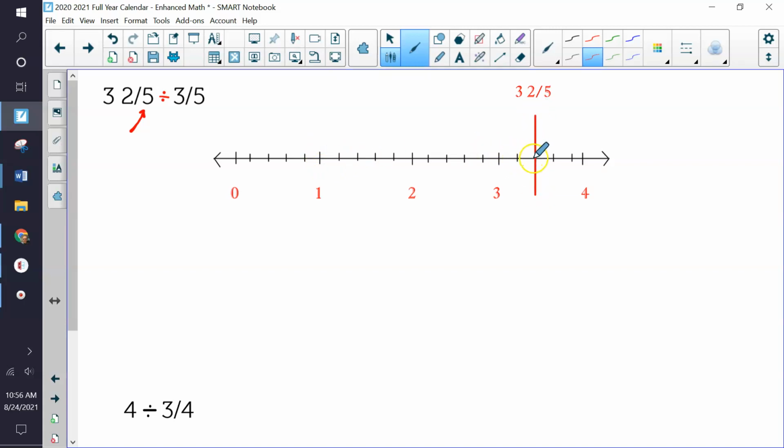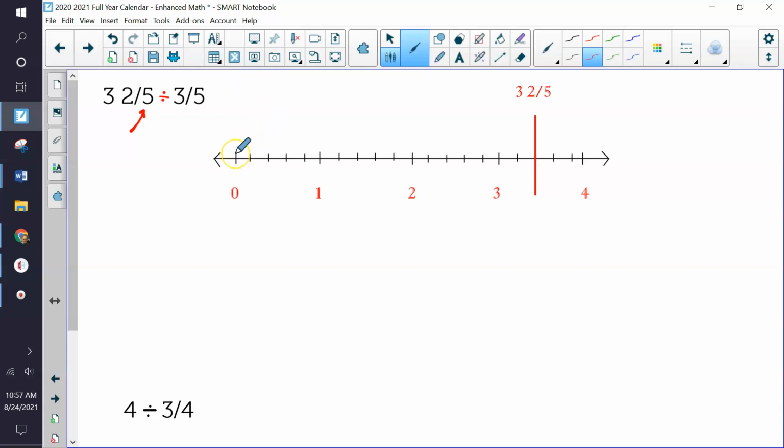3 2/5 here. I've marked it off, and what we want to do is to make groups of 3/5. So since we're dividing by 3/5, we want to say how many groups of 3/5 are in 3 2/5. So we can mark these off by making jumps along the number line.